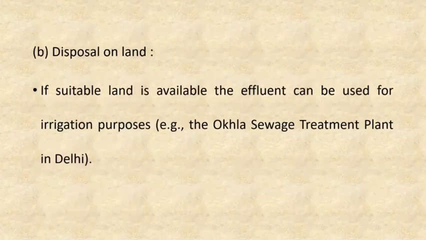Then disposal of effluent by disposal on land. If we have suitable land, the effluent can be used for irrigation purposes. For example, in Delhi, at the Okhla sewage treatment plant, the effluent is disposed on land.